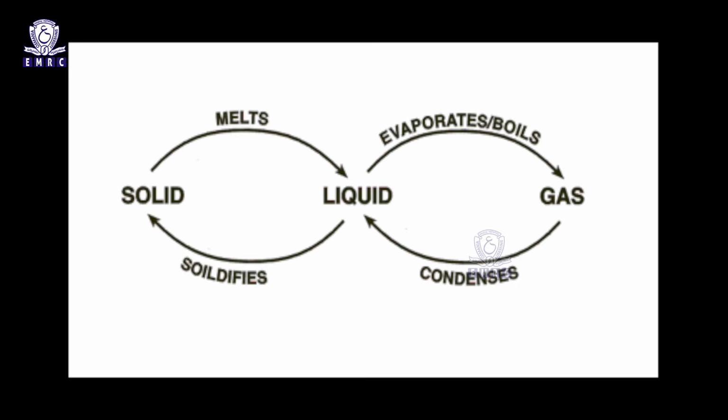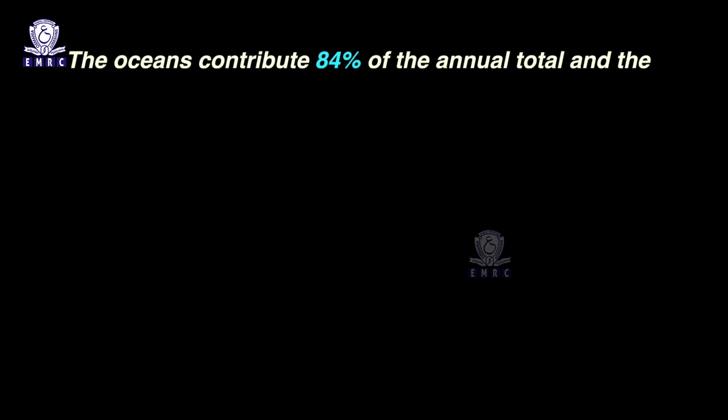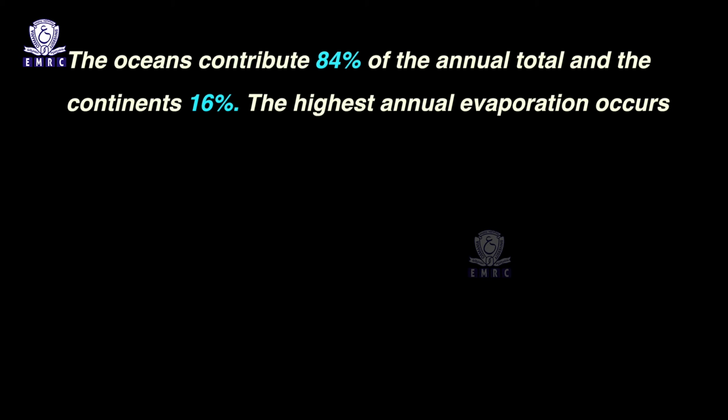What is evaporation? Evaporation is a process by which water is transformed from liquid to gaseous state. The oceans contribute 84% of the annual total and the continents 16%.